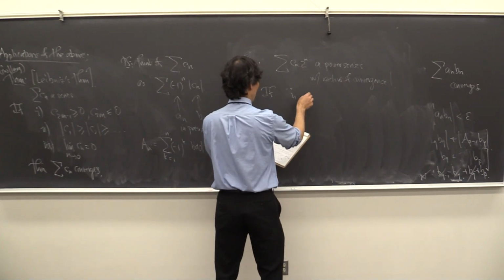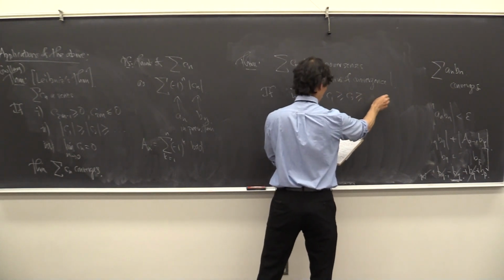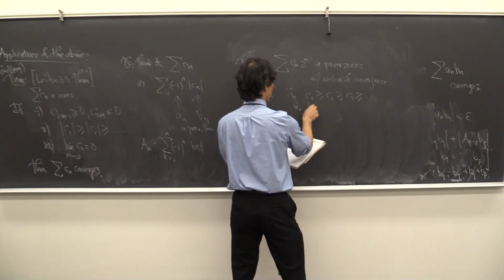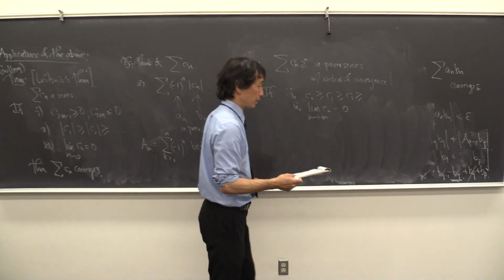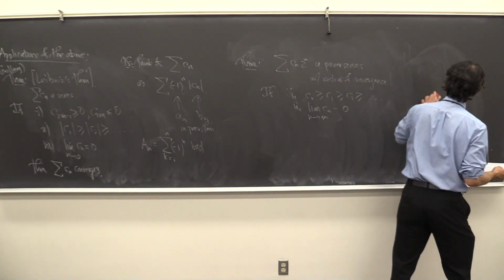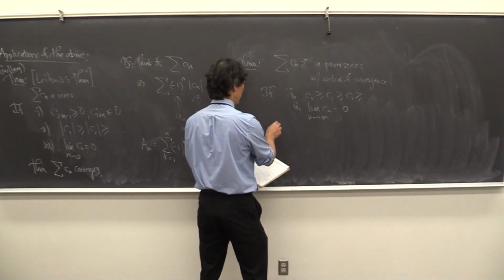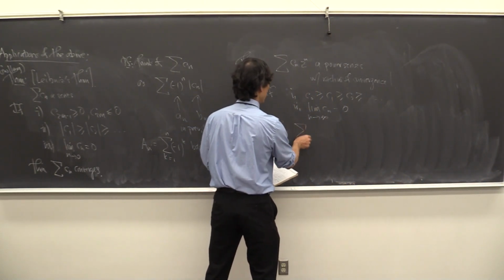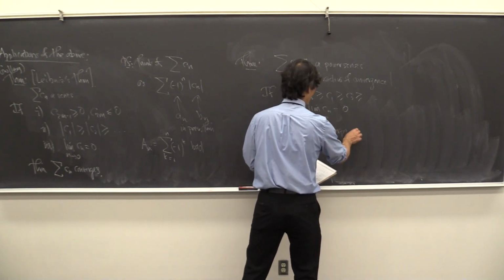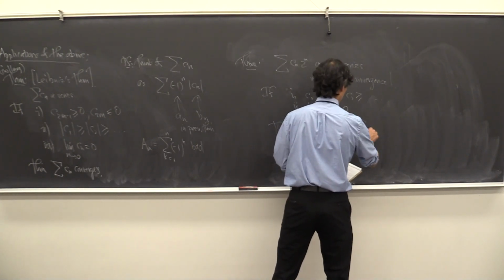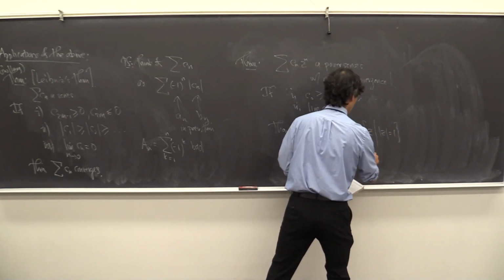If the coefficients are decreasing real numbers whose limit is 0, then the power series converges on the boundary, except at 1.